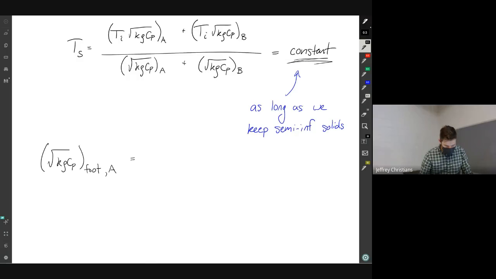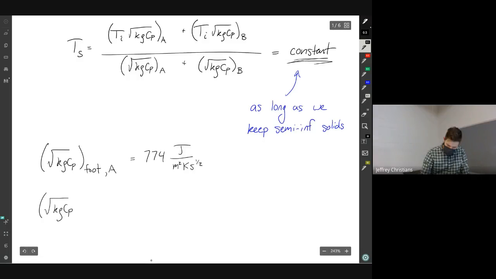We would get 774 joules per meter squared Kelvin second to the 1/2. I think that's right.